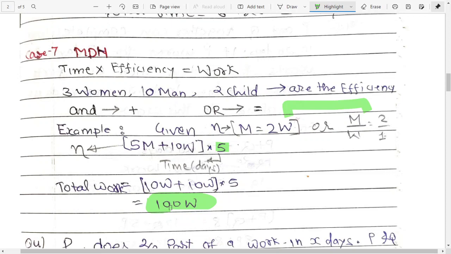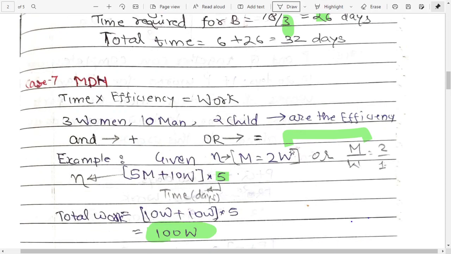In such a situation, if they provide any data apart from this, you can calculate the final answer. In most questions you need to compare the data, and you will get the ratio and put the final answer in that particular format. So do not worry about the data given for man or woman or child, any of the cases. You need to get the final answer as per the question they have mentioned there.